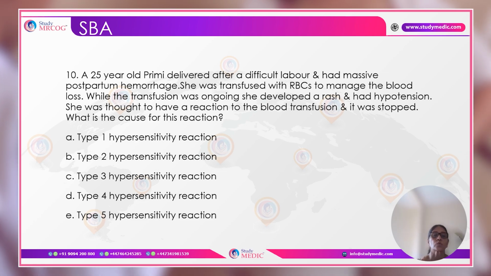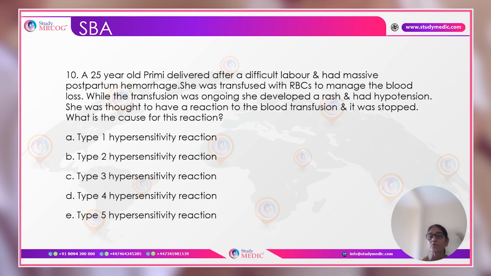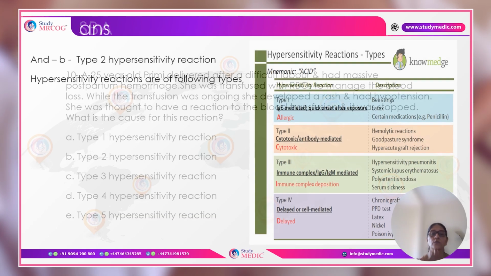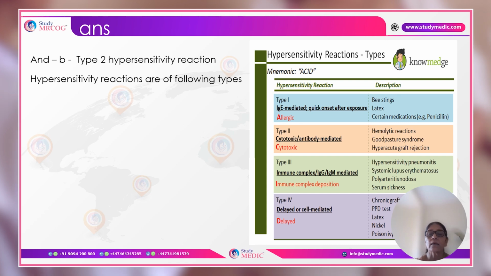So obviously it was a hypersensitivity reaction. So what is the type? Is it type 1, type 2, type 3, type 4 or type 5? Unless you know the types of hypersensitivity reactions, you will not be able to answer this question. So how do you remember easily? There is a mnemonic for this which is called ACID. A for type 1 is because of allergy.